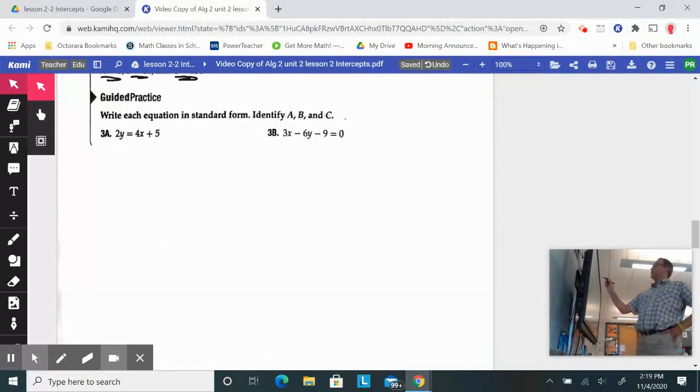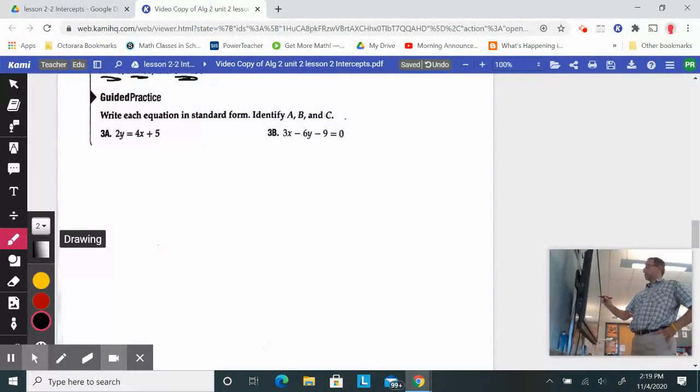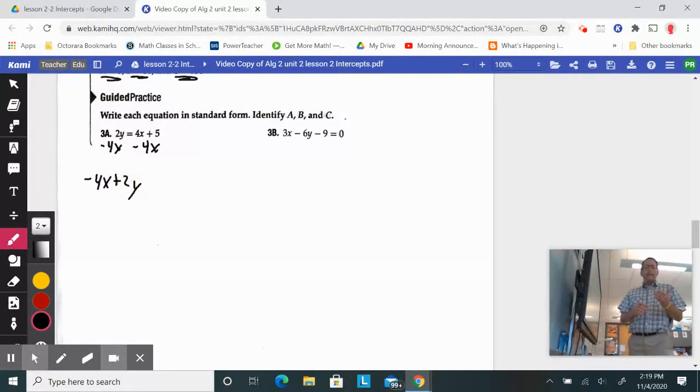So how do you change this equation to standard form? I need the x's and y's on the same side. So I'm going to subtract 4x on both sides. And when I subtract 4x on both sides, I get negative 4x plus 2y, because adding negative 4x is the same as subtracting 4x. Apply your algebra skills.